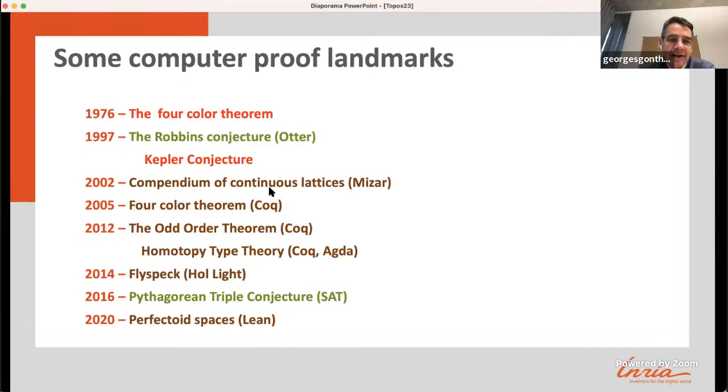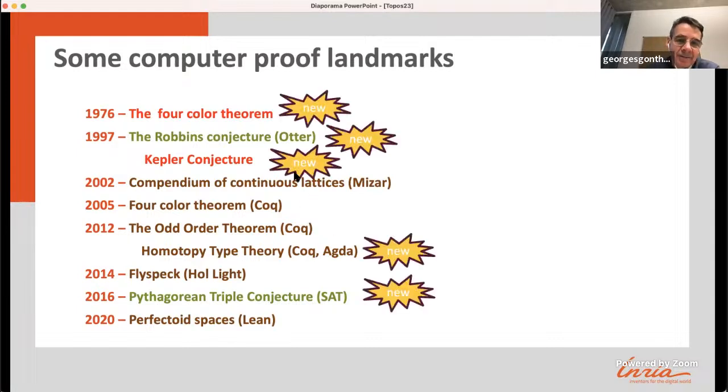And then starting a little later, around the 2000s, you have results that are actually proven using computerized proof systems. Now, some of these results are new results where the proof was actually given by the computer, and some of them are just revision on a computer of something that was done before.